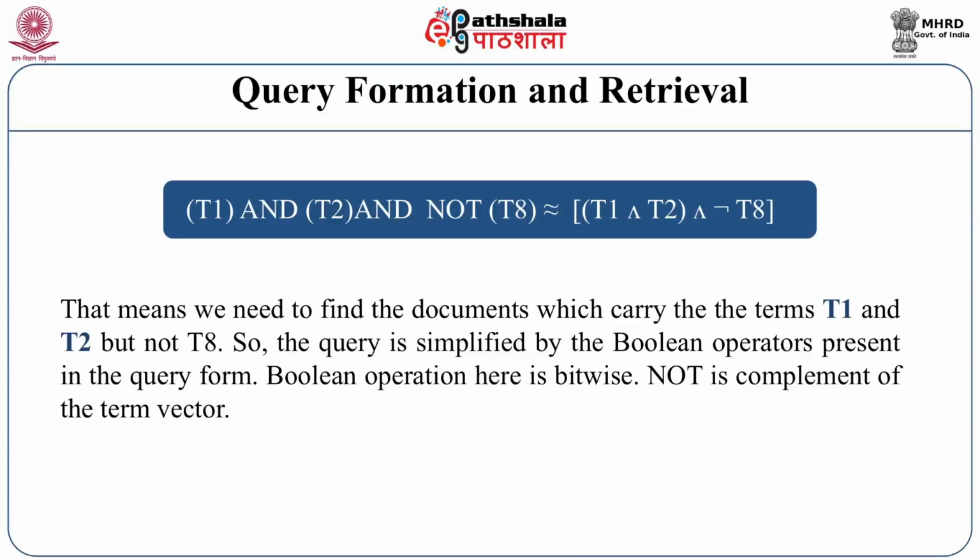Now you should keep in mind that the Boolean operation here is bitwise, and NOT is a complement of the term expression. Now you can see the Boolean expressions of the term T1, the term T2, and also the term T8.